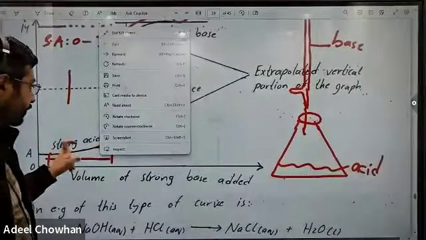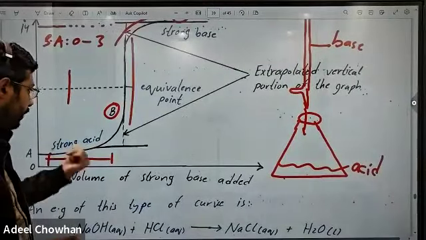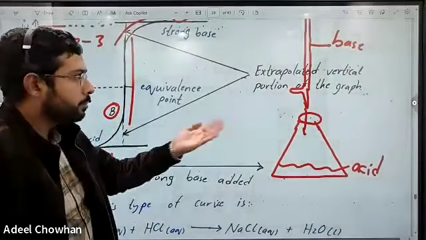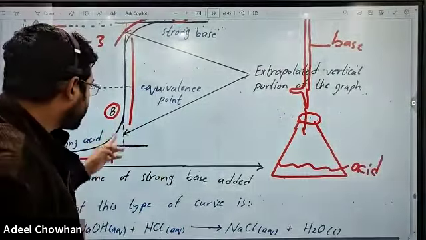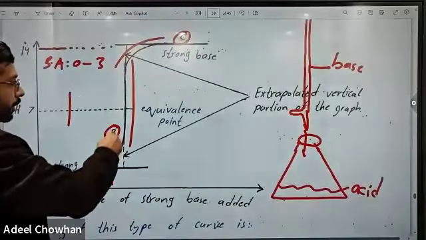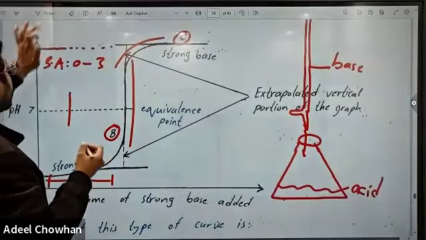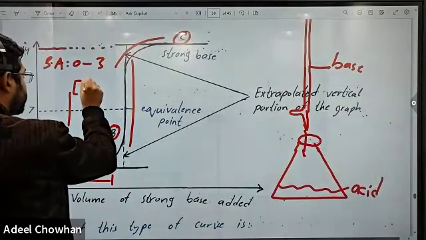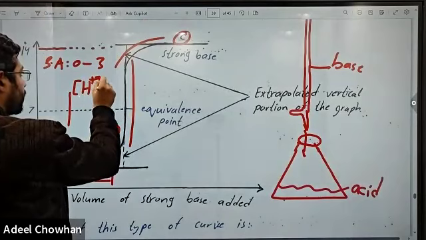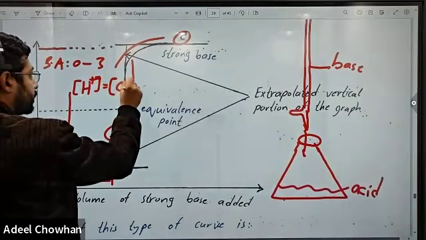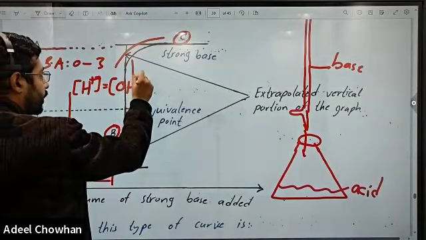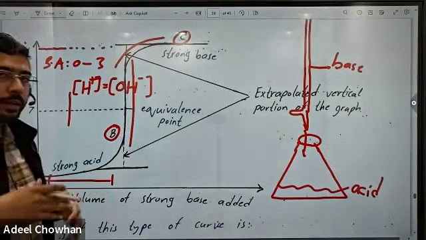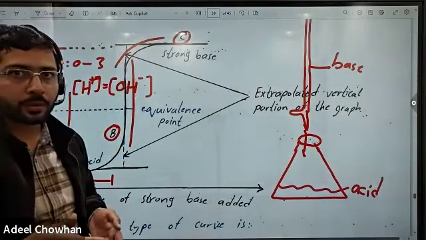Basically, at the start, there was simply the strong acid present in the flask. But as soon as we started adding the strong base into the flask, the pH started increasing. But at this vertical portion, the amount of the hydrogen ions and the hydroxide ions became equal. The concentration of the hydrogen ions became equal to the amount of the hydroxide ions. So at that point, there was a drastic increase in the pH value.